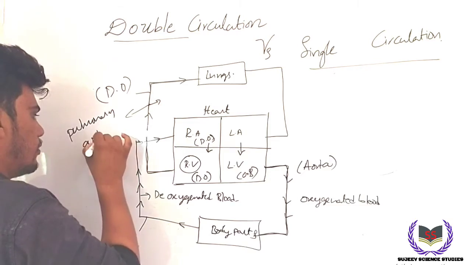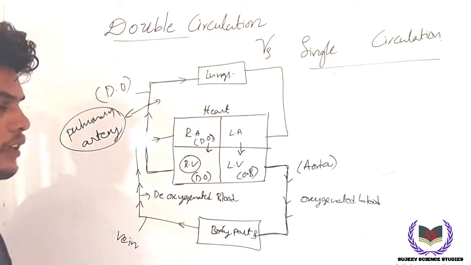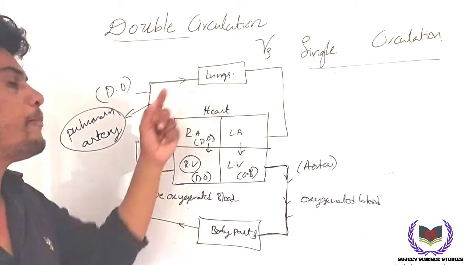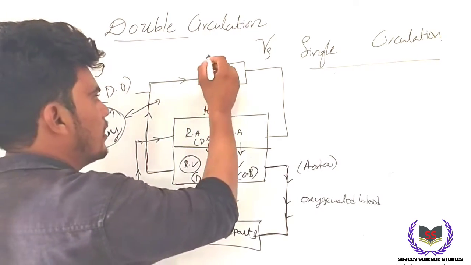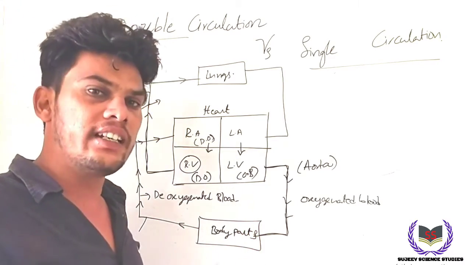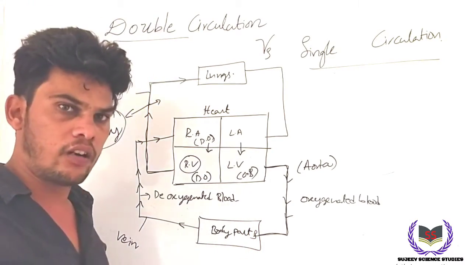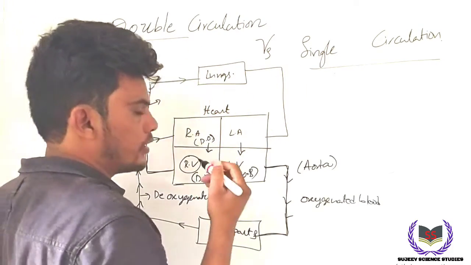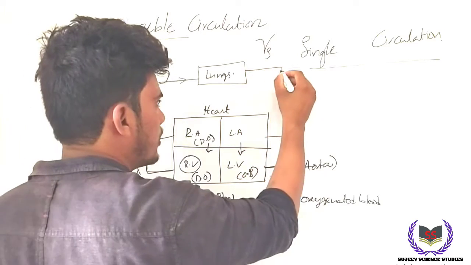The pulmonary artery. In the lungs, the deoxygenated blood is converted into oxygenated blood by oxidation.